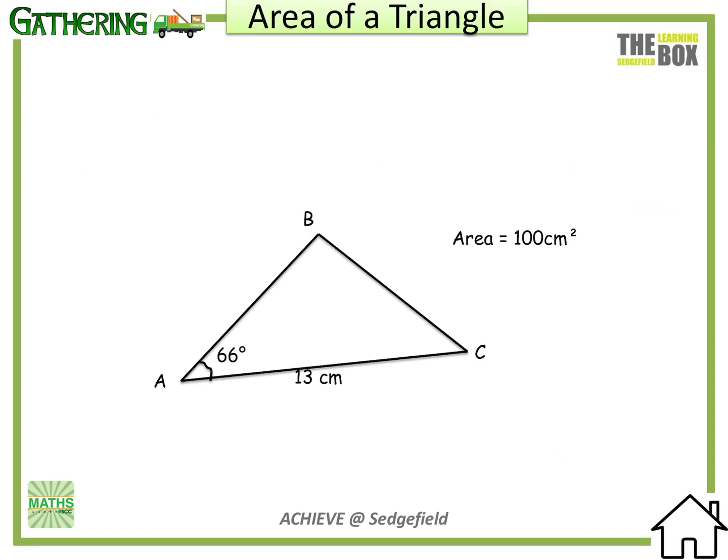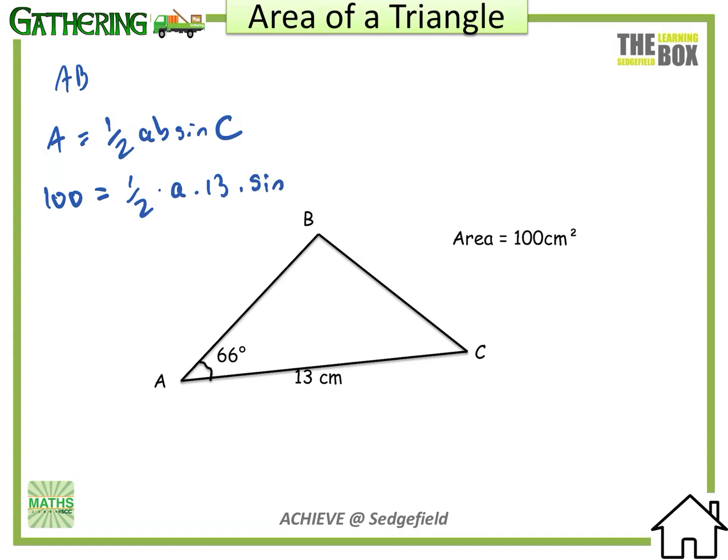This one we have to work backwards a little bit. This time we're told the area, and we want to find the length AB. Let's use the formula: area is equal to a half ab sine C. We know the area is 100, so 100 equals a half times a times 13 times the sine of 66.